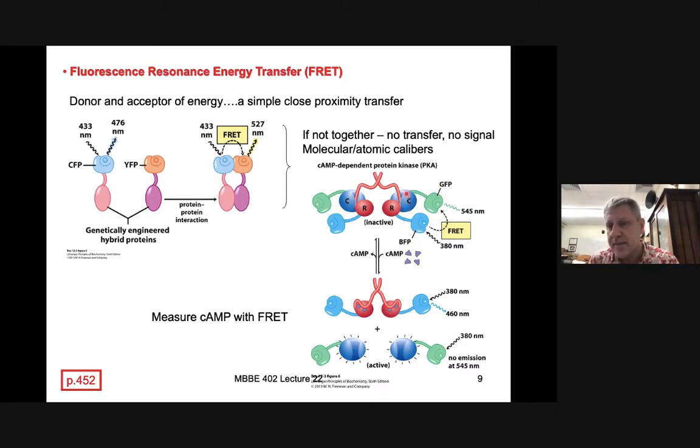Now, if these two are in close proximity to each other, we are going to see a stimulation at 380 nanometers and an energy transfer to the GFP to give us an emission at 545 nanometers. So let's have a look here again.